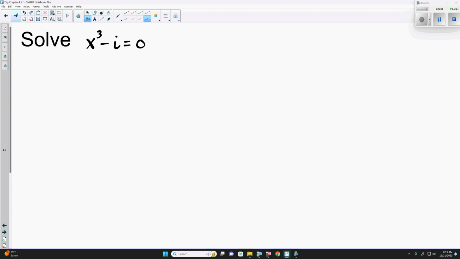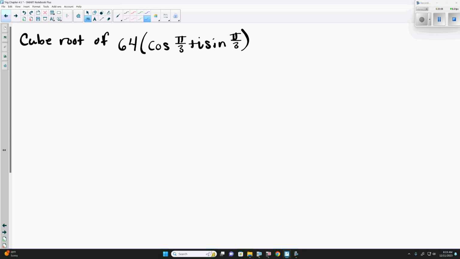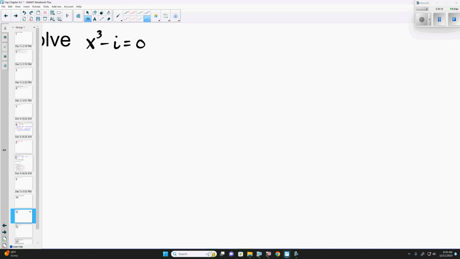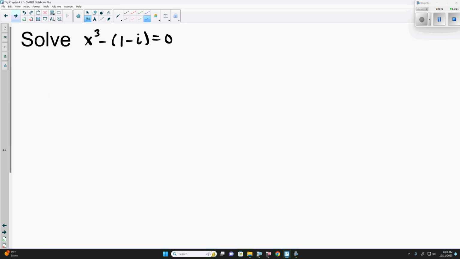Okay. Now this one here is even easier because they already gave us r and theta in the formula. If we do need to look back at it, we can. And this is the last one here, so we might as well look at it. Whenever we solve these, the first thing we need to do is get whatever variable we have by itself, because there's only going to be one.